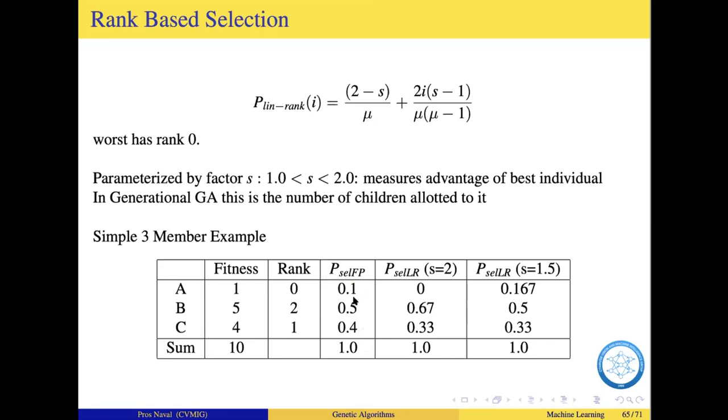And then you calculate this based on this formula. For S equals 2, the results are this, and for S equals 1.5, it's these quantities.